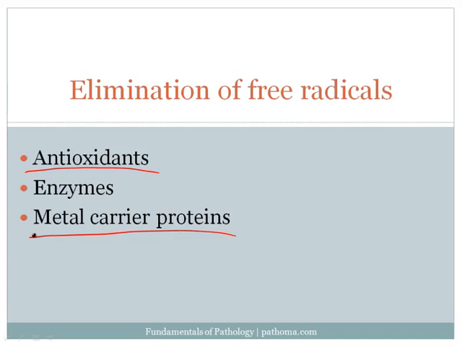For example, transferrin in the blood, which tightly binds iron to deliver it to the liver and the macrophages. And when iron is bound in macrophages or within the liver, it's tightly bound to a molecule called ferritin. So these metal carrier proteins basically hide away the metals so that free radicals are not generated.